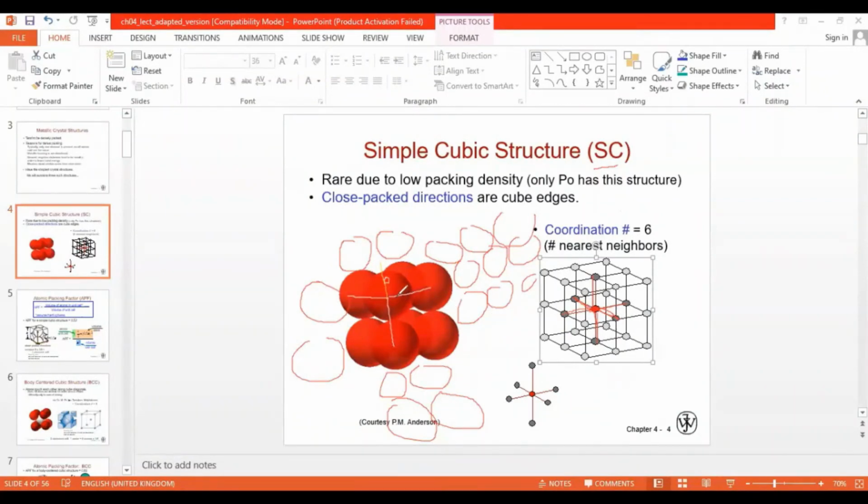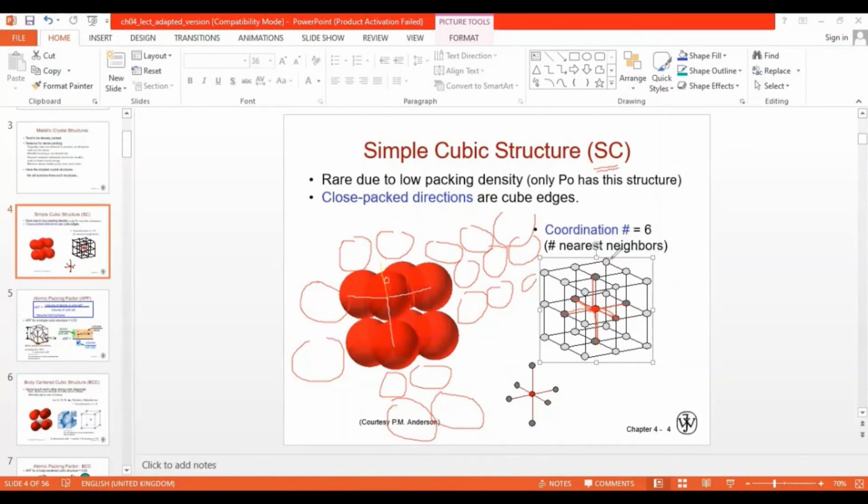I am talking about contact, so this and this should touch, they should share the surface. This and this are not in contact because in between there is a void. You see here and here, that is not contact because there is a void. But this and this are in contact. So coordination number is 6 for simple cubic structure, and the meaning of coordination number is nearest neighbors, or the atoms which are in contact.